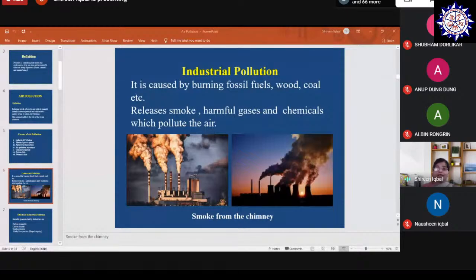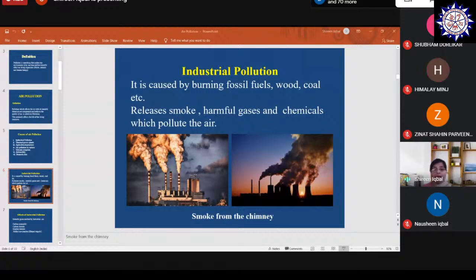So first we will discuss the industrial pollution. Industrial pollution is caused by burning fossil fuels, wood, coal, etc. When these fuels are burned, they release smoke.